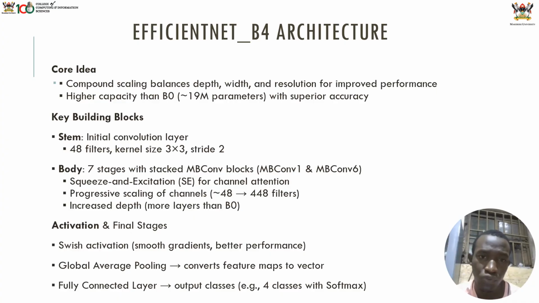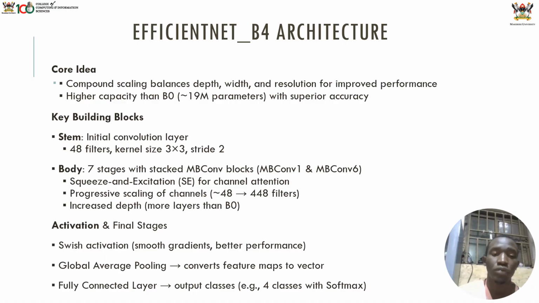These blocks also include squeeze and excitation, which helps the network focus on the most important features, that is, channel attention. As we go deeper, the number of filters increases from 48 to 448, allowing the model to learn more complex patterns.